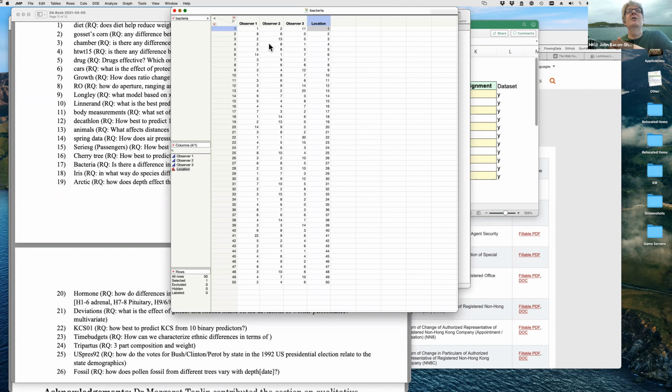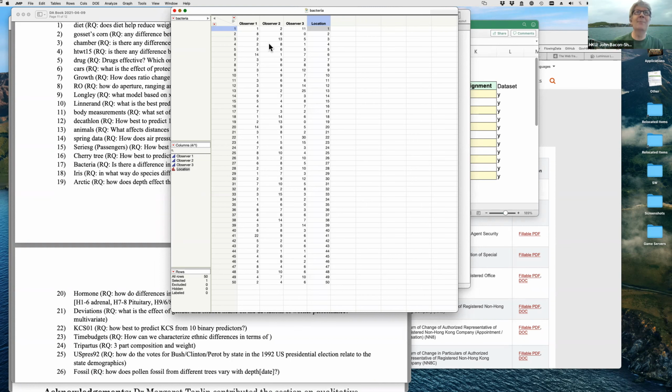If we just try to do a direct comparison, that doesn't take account of the location. So we want to control for the location as well as the observer. We're going to assume that these are not related, in other words, those should be separate random effects. Is the count bigger or lower because of location? Is it bigger or lower because of which observer it is?